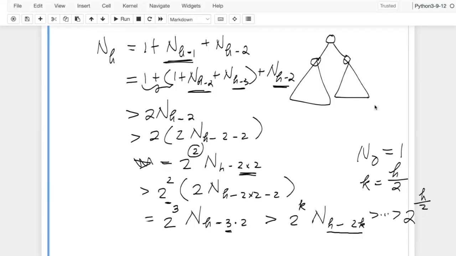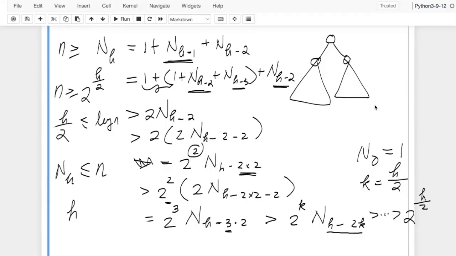Now remember that n_h is less than or equal to n, so n is greater than or equal to 2 to the h over 2. You take log on both sides. Then h over 2 is less than or equal to log n. So h is less than or equal to 2 times log n.